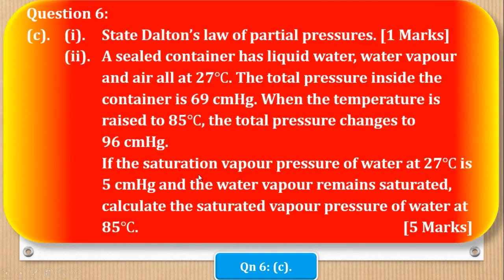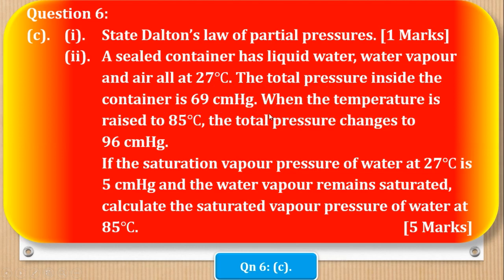So now we shall go to Roman 2. Roman 2 says, a sealed container has liquid water, water vapor, and air, all at 27 degrees centigrade. The total pressure inside the container is 69 centimeters of mercury.